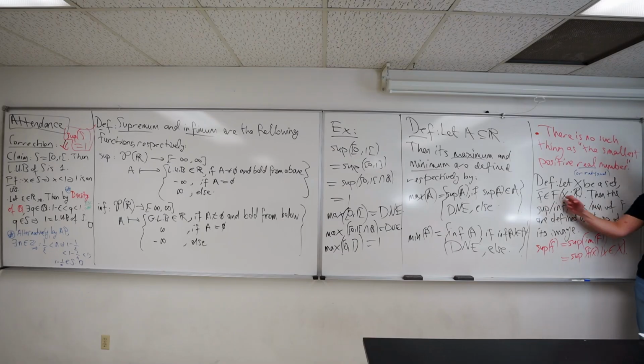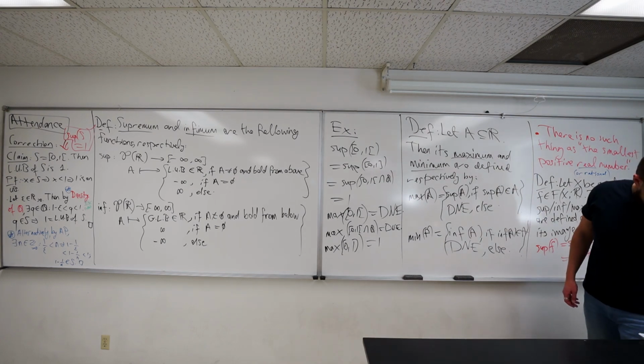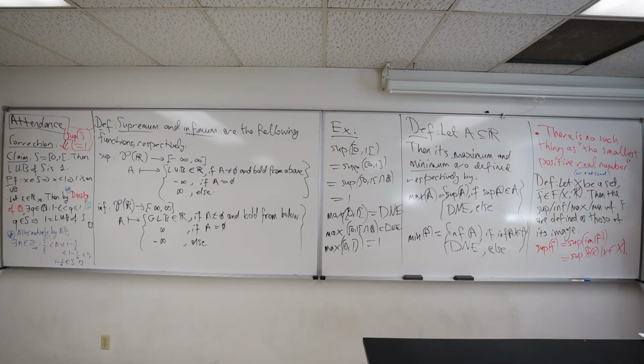Because my function takes values in the reals, this image of f is a subset of the reals, so I can just import the notion of supremum to make sense of this, and that's how I do it. Any comments or questions about this?